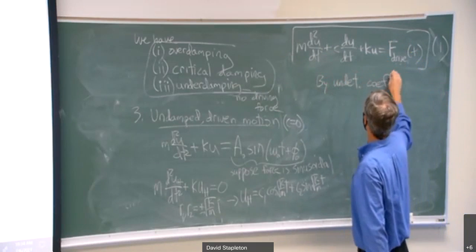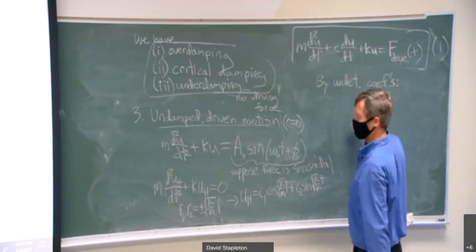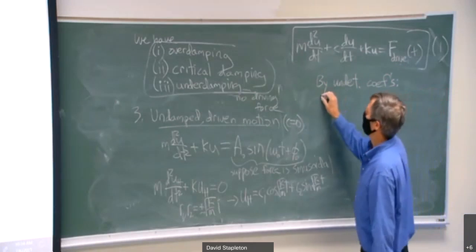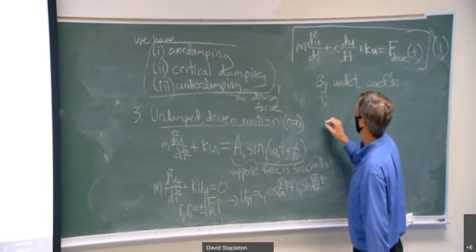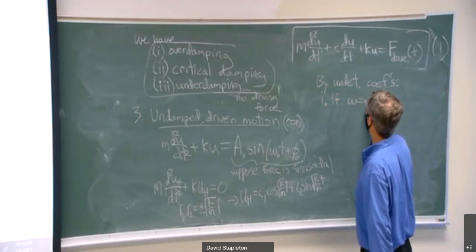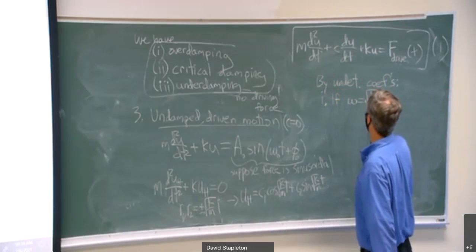This actually breaks up into 2 different cases. Better watch my time here. One, if omega, we'll call omega the natural frequency of the oscillator.